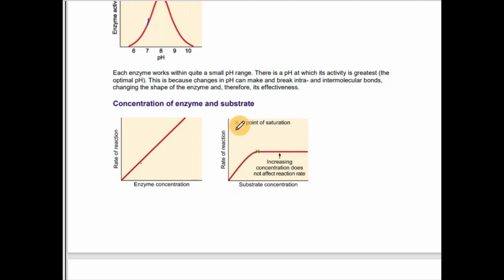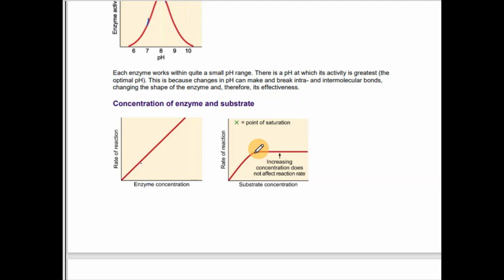At the same time, let's look at how substrate affects the rate of a reaction at a fixed enzyme concentration. If you increase the substrate concentration gradually, the rate of the reaction will increase at the beginning, just like you see here. Here the active site is not full, the enzyme is there, but the active site is not full. But as you increase the substrate concentration, the active sites are going to be full, and that is what you say, the enzyme is saturated.